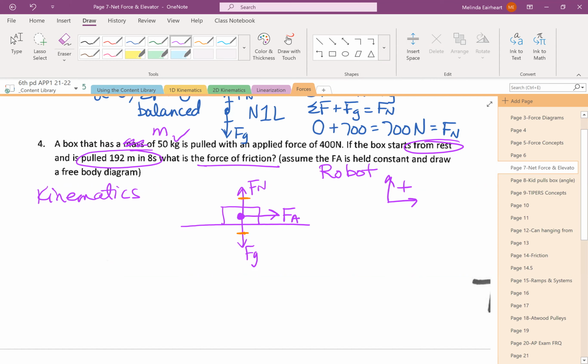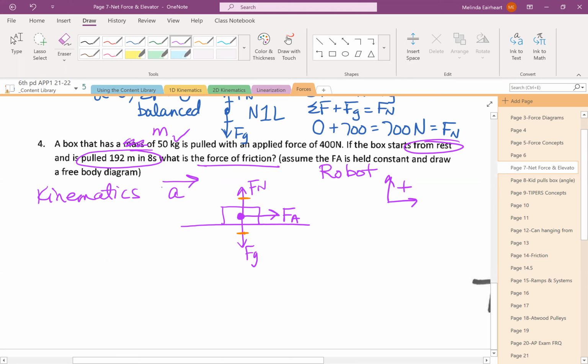How big do I draw this force of friction vector? Equal to FA, more than FA, less than FA? Well, let's think. We have kinematics, right? Probably not going to be constant velocity, right? They'd have to give you some kind of steadily or constantly, uniformly, right? And so we'll assume it's going to accelerate. And if we were to do it, we will in here in a second, the acceleration should come out positive.